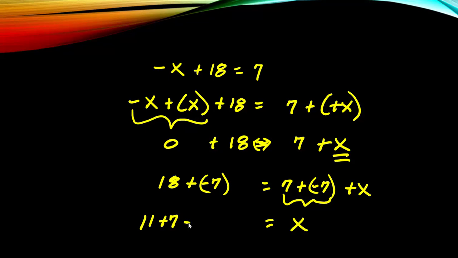And then we add the opposite. Because it's already there, this cancels out and we have 11 equals x.